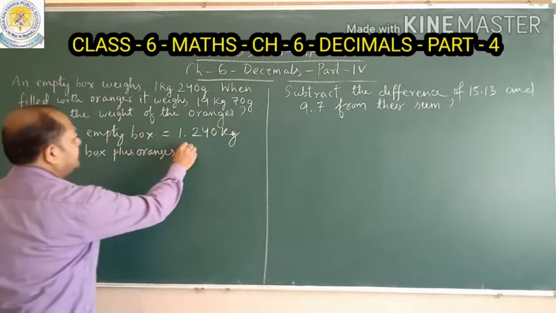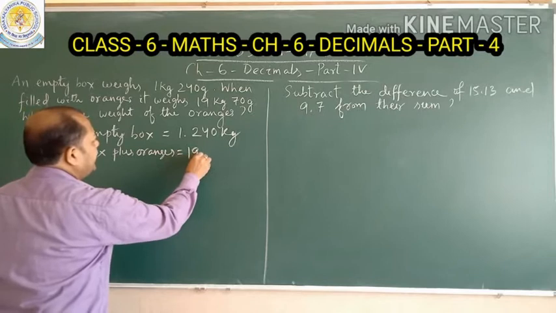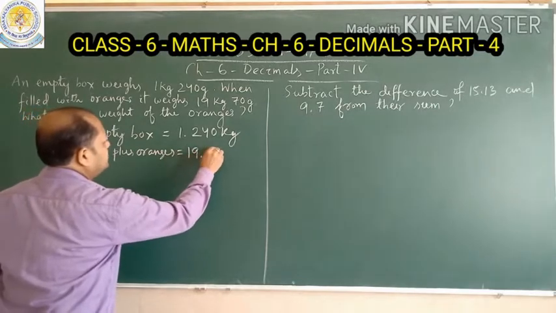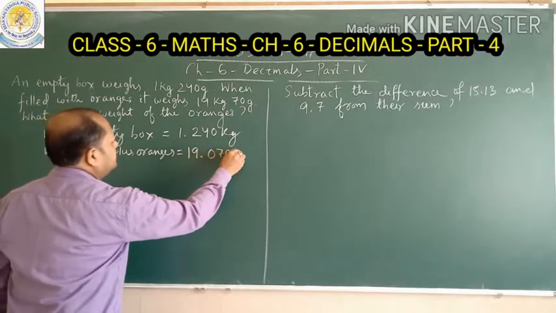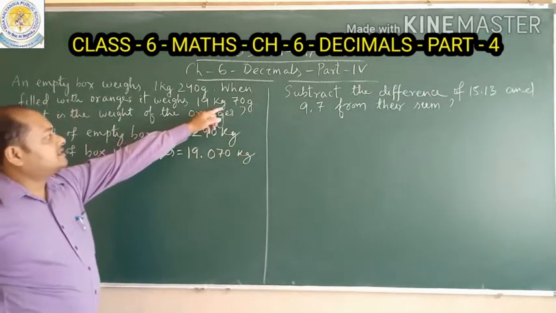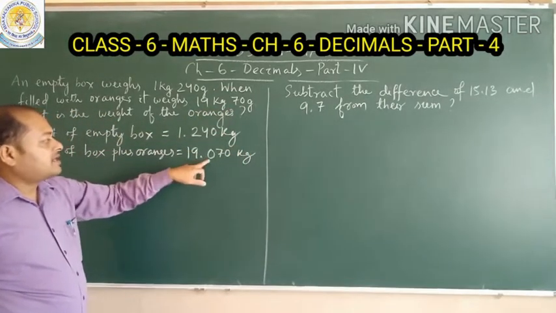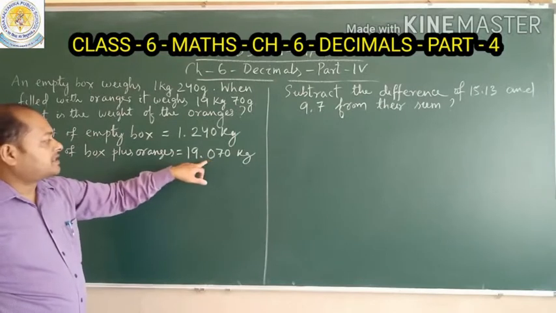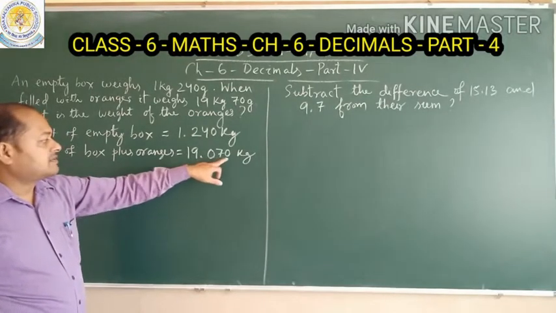That is 19 kg 70 gram, or you can write 19.070 kg, because after the decimal 3 places, 070 kg.